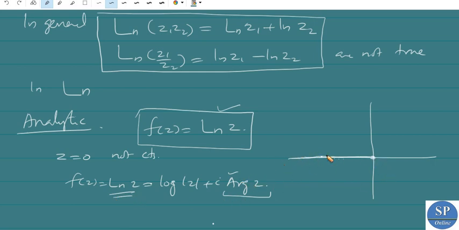The reason is that if you take any point x0 here, this is actually z0 equal to x0 plus i y0, but on the real axis y equals 0. So z0 is equal to x0.